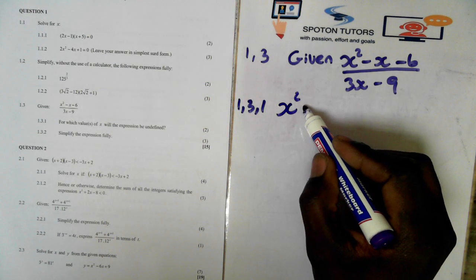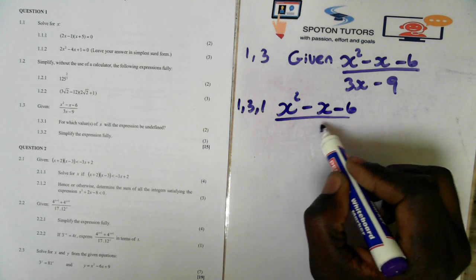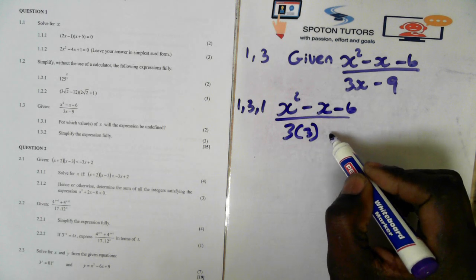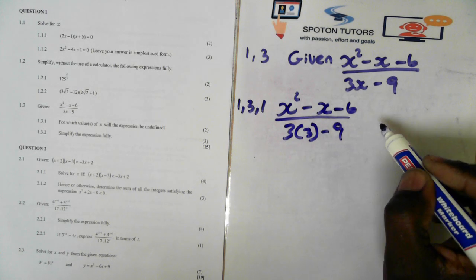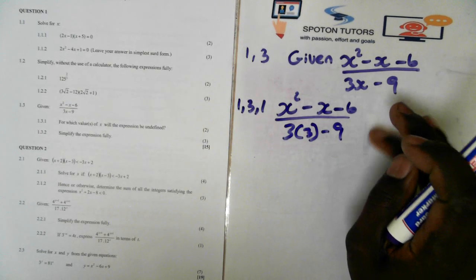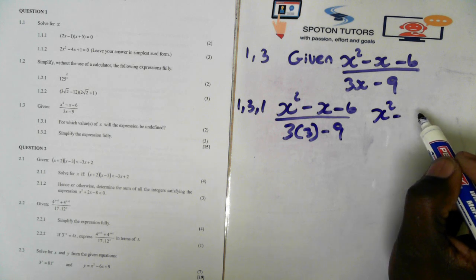I'm just putting what I just explained now: x squared minus x minus 6 all over 3 times x, which is in this case 3, minus 9. There was no equal sign, don't put an equal sign.